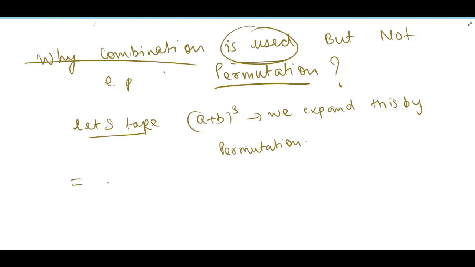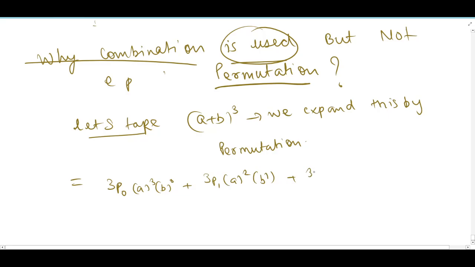Therefore we get 3P0 a cube b^0 plus 3P1 a square b^1 plus 3P2 a^1 b square plus 3P3 b cube.